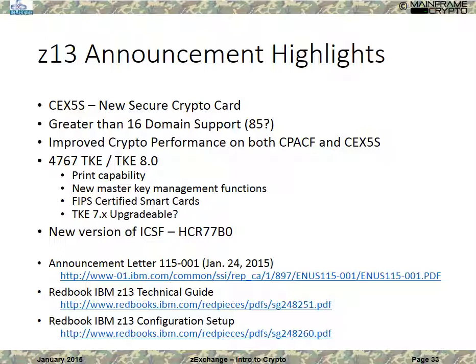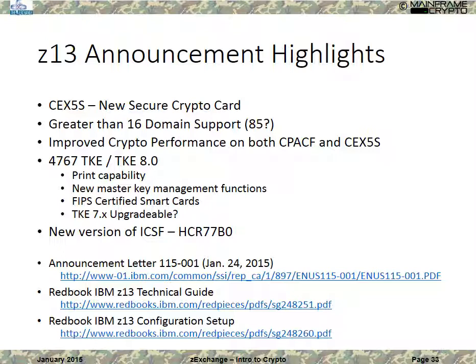And then the other interesting thing in the announcement was that if you have a TKE 7, you can upgrade to a TKE 8. There's a feature code in there that says if you order it, they'll ship you this new 4767 card that you can install in your TKE so you don't have to buy a whole new TKE.